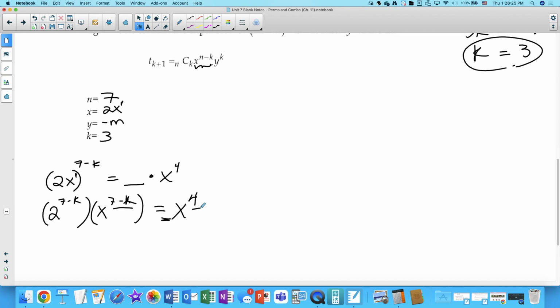Now that we have all of this information, what would you do next? Yeah, plug it in. Get the term in terms of m, or negative m. We're looking for k equals 3, so this is going to be T4, and that will be 7 choose 3 times 2x to the 7 minus 3 times negative m to the 3.